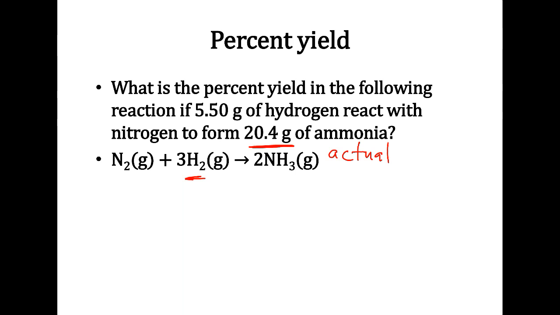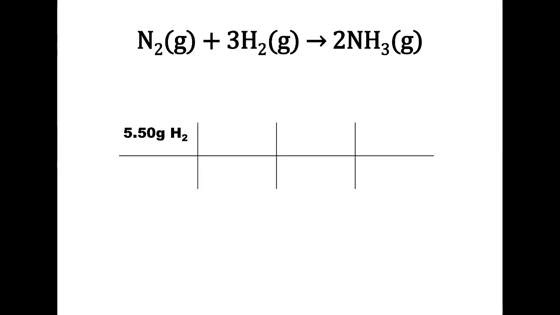So what we need to do is figure out what is the theoretical yield of ammonia. The first step to calculate the theoretical yield is just to do a stoichiometric conversion. Let's go ahead and start with that. In this case, we start with 5.50 grams of hydrogen. So we'll need to start by converting that to moles.